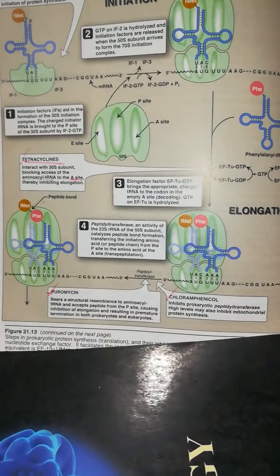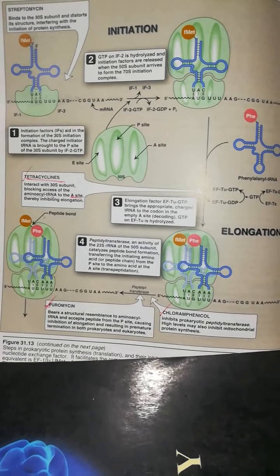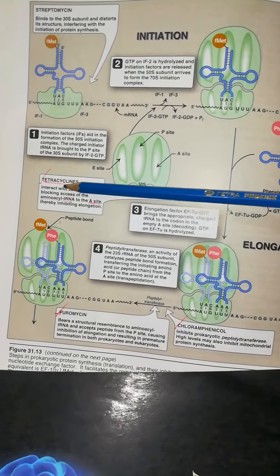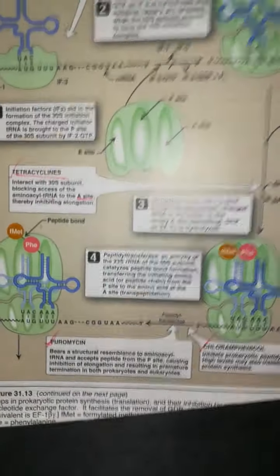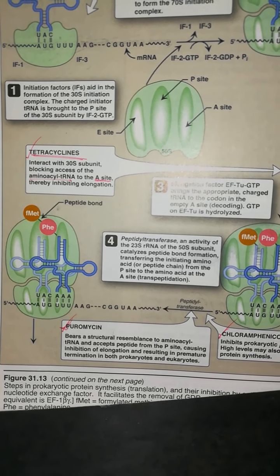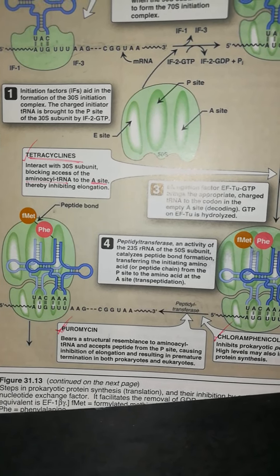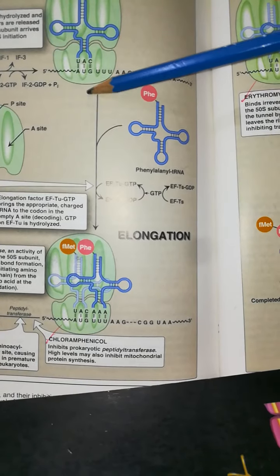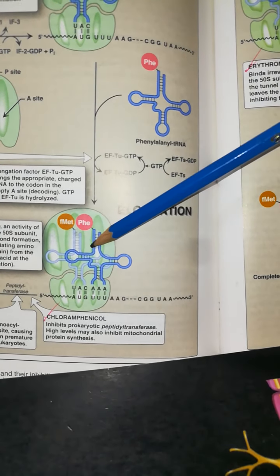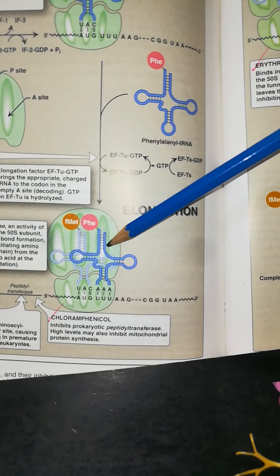So if we discuss how antibiotics act through this pathway, the inhibition of the translation process or protein synthesis process at different steps in bacteria is done by them. One widely used is tetracycline. Tetracycline interacts with the 30S ribosomal subunit, blocking access of amino acid tRNA at the A site. It means at the A site, at this step, there is inhibition of tRNA entry in the bacterial translation process.